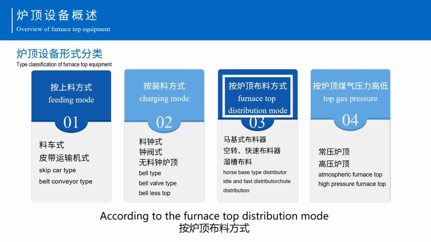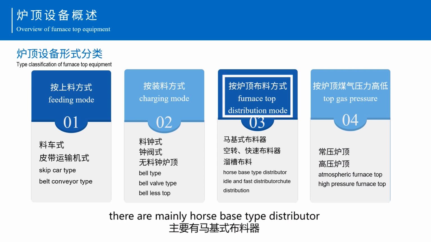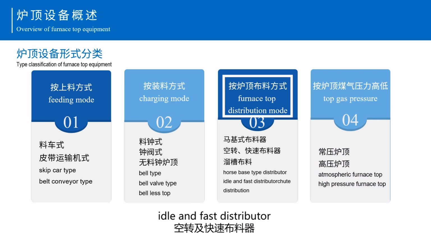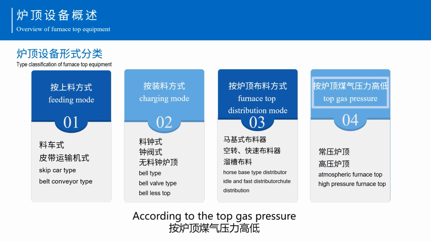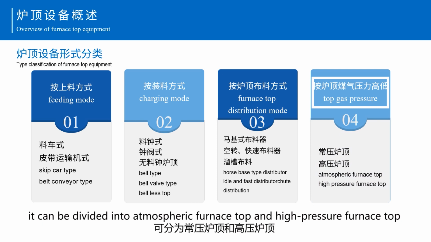According to the furnace top distribution mode, there are mainly house-based type distributor, idle and fast distributor, and throat distribution. According to the top gas pressure, it can be divided into atmospheric furnace top and high-pressure furnace top.